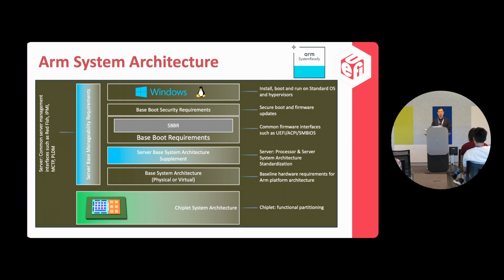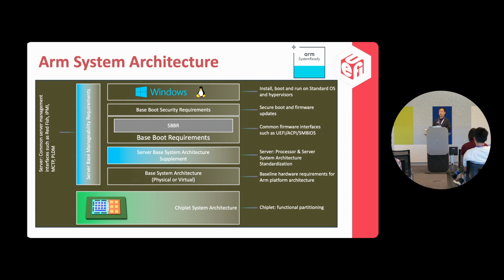But what we found out is that there's not really a lot of differences between the requirements for servers versus the requirements for PCs and DPUs and Windows IoT devices, right? So basically the core of that SBBR is UEFI, ACPI, SMBIOS, plus a few ARM-specific interfaces.